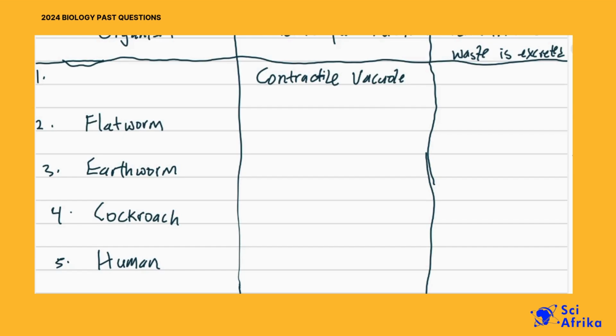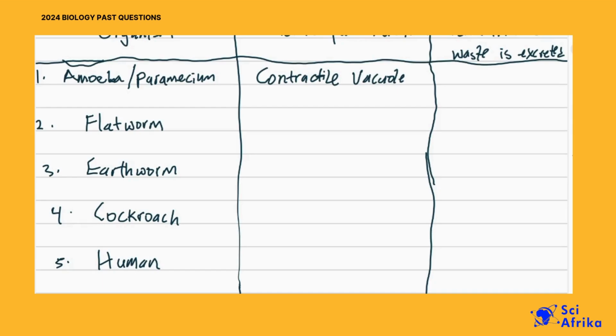Only those that have one cell use it. So we have many of them. We can write amoeba as our answer. We could also write paramecium, or Euglena. Any of those three is a possible answer for that option.